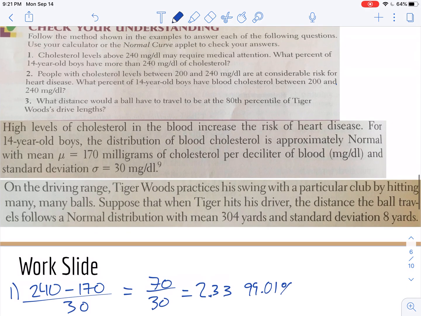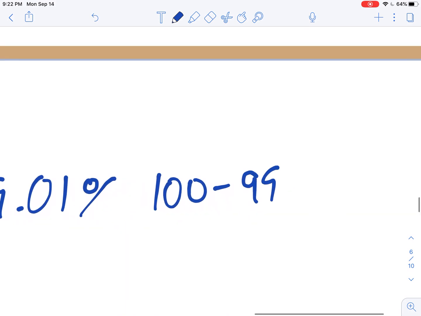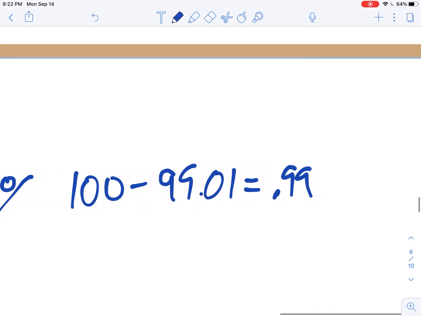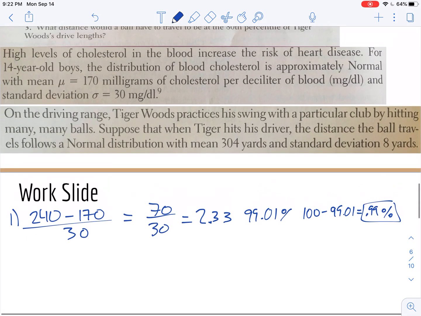But that means that what percent of 14-year-old boys have more than this? Well, that's 100 minus that. So we do 100 minus this percentile because 99.01 have less, and this is equal to 0.99%. So 0.99% of 14-year-old boys have cholesterol issues that they should see a doctor about, according to this.